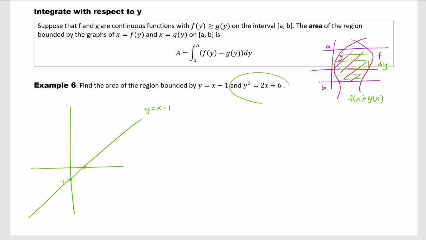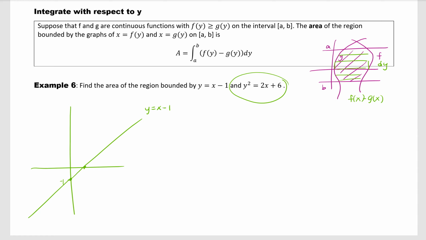Okay, second one. You see the y has degree 2, x has degree 1, so this is a parabola, but this parabola is actually opened to the right, because x is the function of y, okay? And the leading coefficient is positive, so it opens to the right. If the leading coefficient is negative, then it opens to the left.